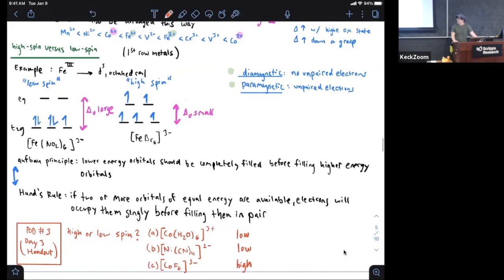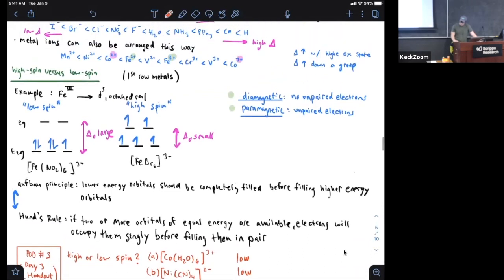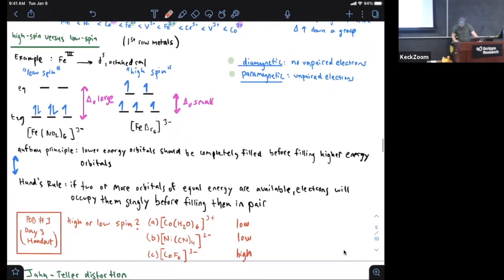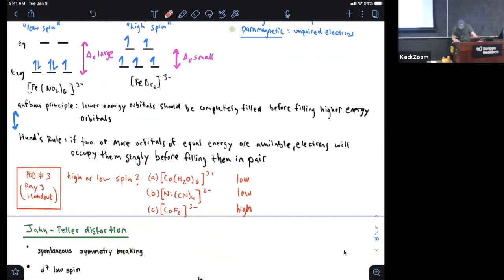On that note, I'm still a little confused. If the fluoride is closer to the low splitting end of the spectrum, why, if it's the same metal center, would the aqua complex be low spin, but the fluoride one be high spin? So we'll draw out these two case studies of the orbital diagrams.